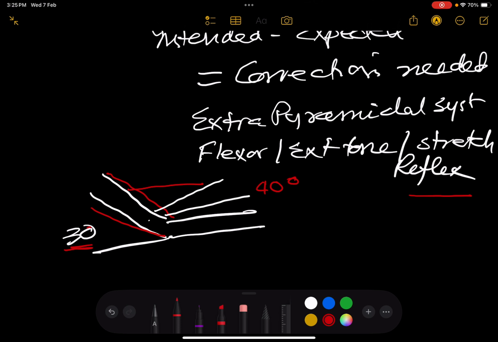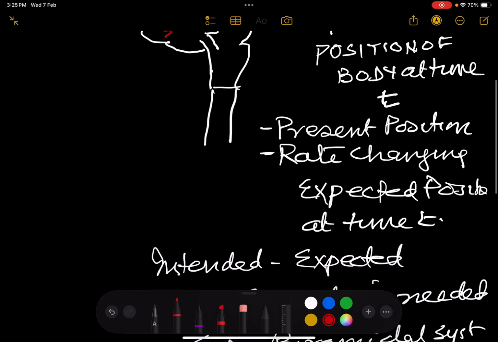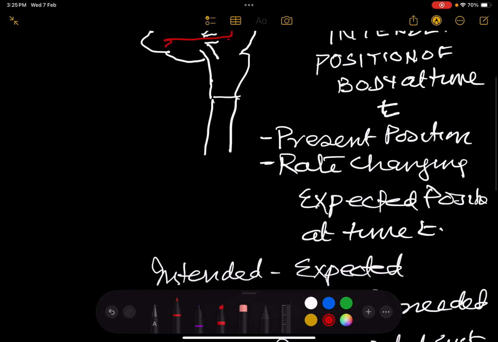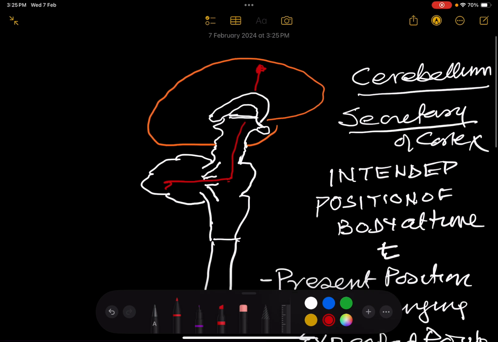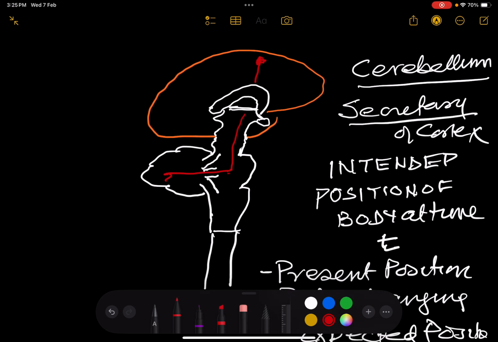If you try to stretch more than 40 degrees, it will return back to 40 degrees. So after understanding this much, let us try to find out what information does the cerebellum need to find out the present position and the rate of change.